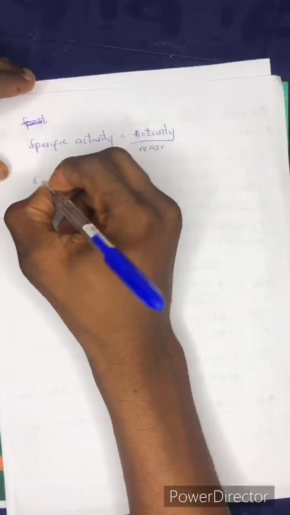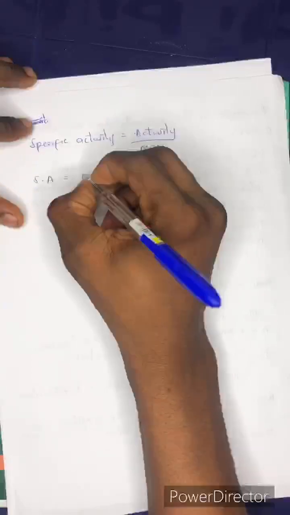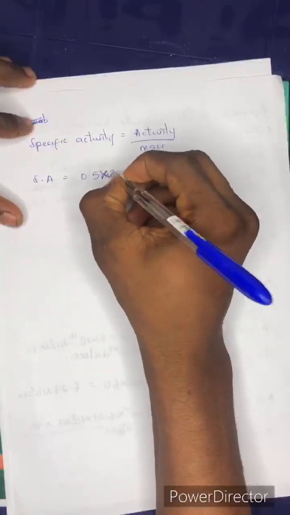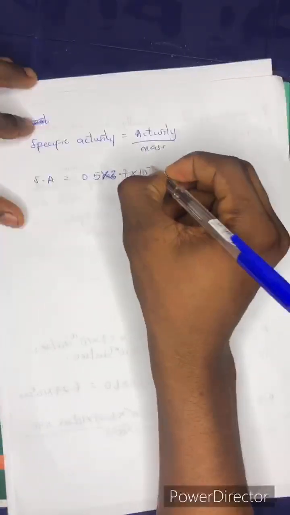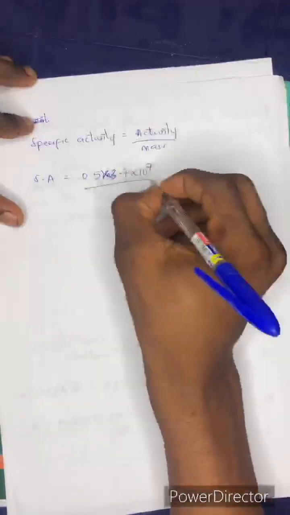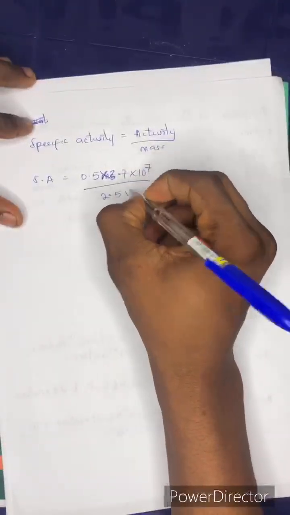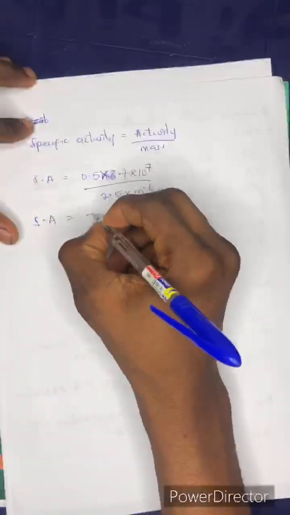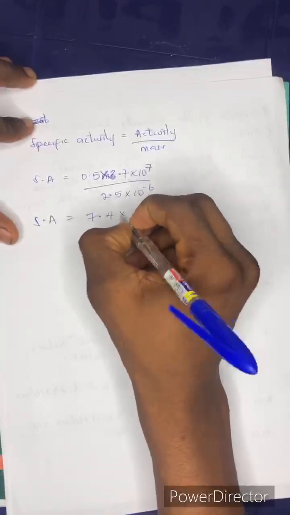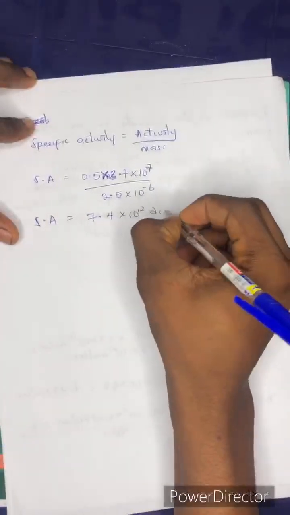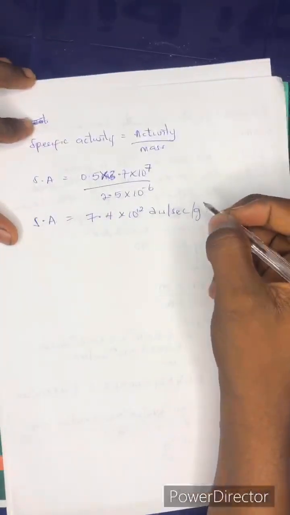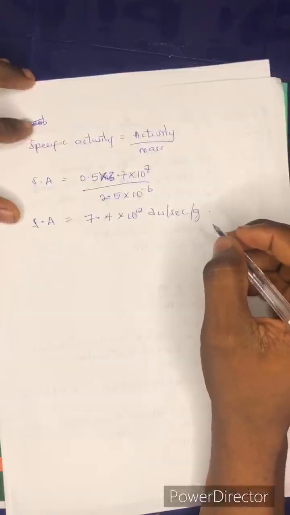So we have activity should be what? 0.5 millicurie, which is the same thing as 0.5 times 3.7 times 10 to the power 7 divided by the mass, which is 2.5 times 10 to the power minus 6. So SA, which is specific activity, is equal to 7.4 times 10 to the power 12 disintegrations per second per gram. That's how you get the specific activity.